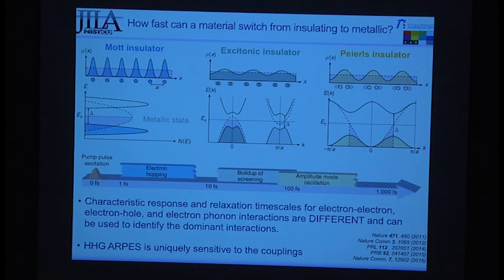If we look at this general class of materials, excitonic or Peierls charge density wave materials, it depends on whether the electron-electron interactions or the electron-phonon interactions are stronger. One thing you might speculate is that you could look at what the dominant interactions are just by looking at their response time.